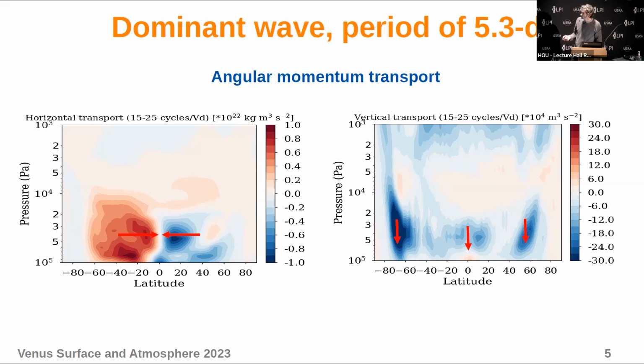And in the vertical, you can see on the right, for the same middle cloud region, that this kind of wave transports a lot of angular momentum vertically, but mostly in the polar region. So these are different latitudinal parts of this wave activity that will transport horizontally or vertically the angular momentum. This is just the component for this wave.